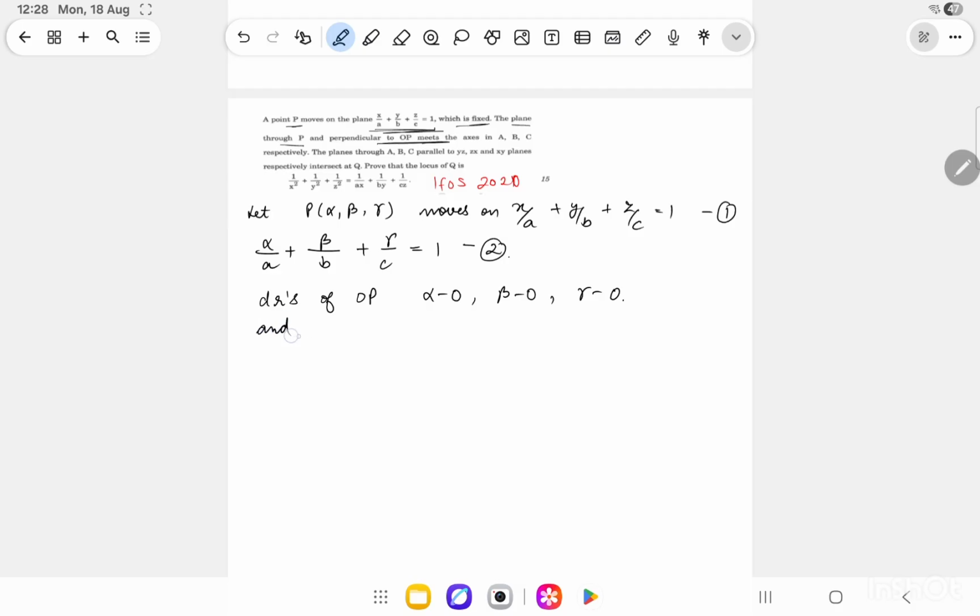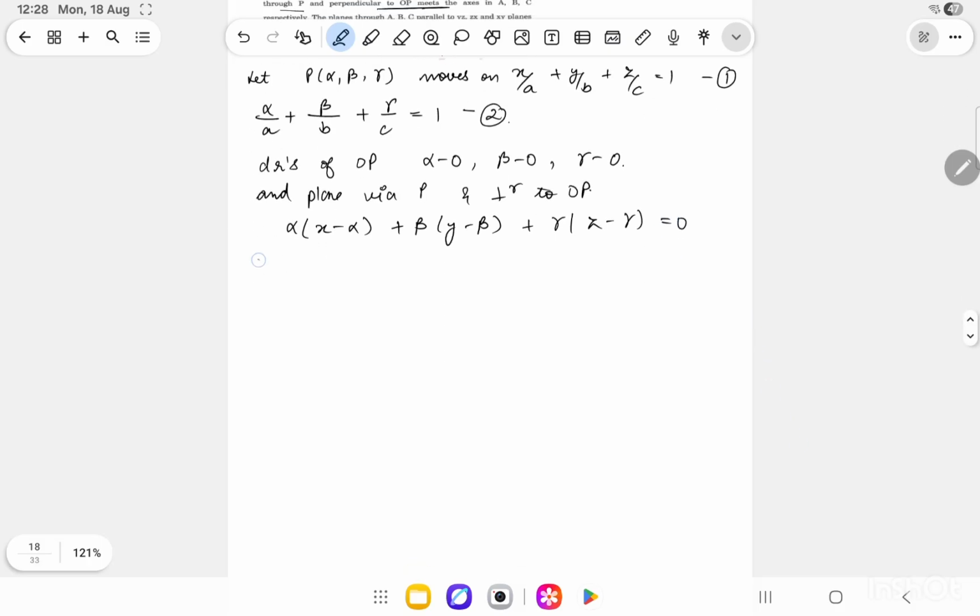And the plane via P and perpendicular to OP will be alpha into (x minus alpha) plus beta into (y minus beta) plus gamma into (z minus gamma) equals to 0. And if I simplify this, I'll get alpha x plus beta y plus gamma z equals to alpha square plus beta square plus gamma square. Let us name this as equation number 3.